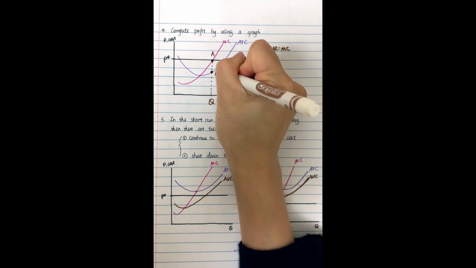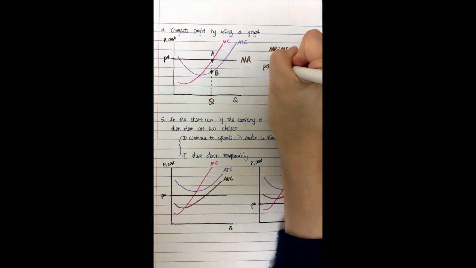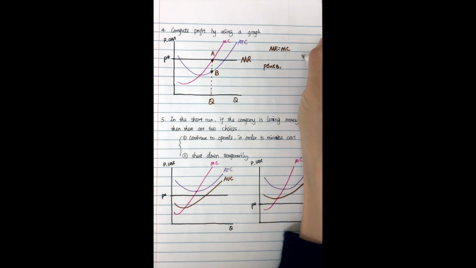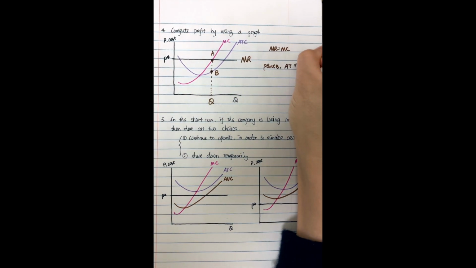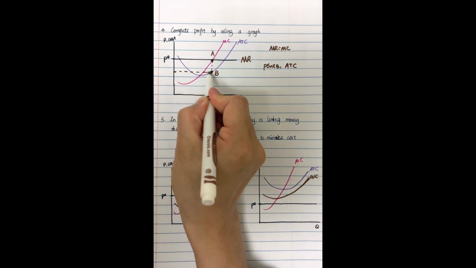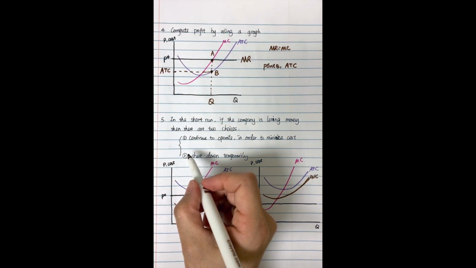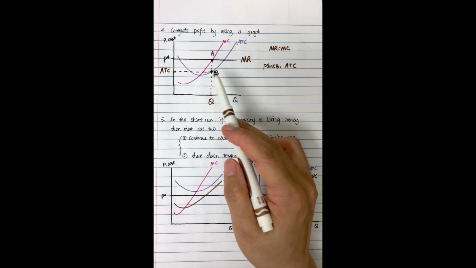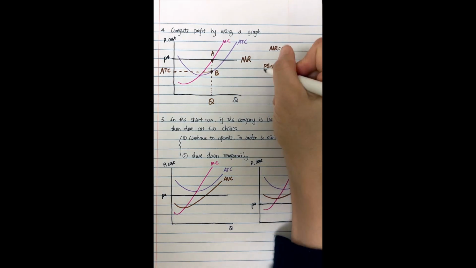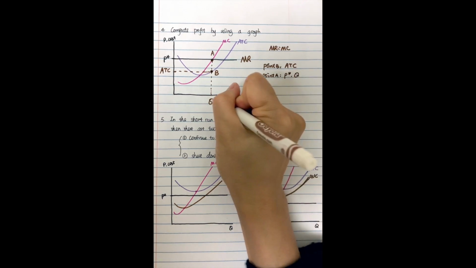So I can mark this as point B. So from point B, we can find out the average total cost, I'll just write it down here, okay? This will be our average total cost. Then for point A, we can get the price level, right? From point A, we can get output level and price level, okay?